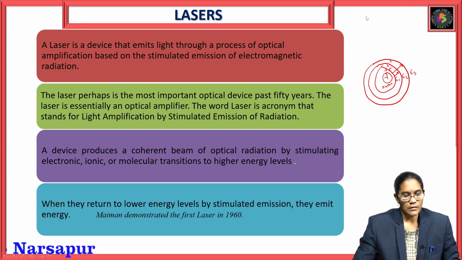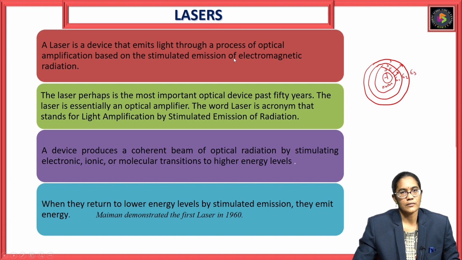Coming to the basic definition of lasers, a laser is a device that emits light through a process of optical amplification based on the stimulated emission of electromagnetic radiation. Lasers work on the principle of stimulated emission of radiation.